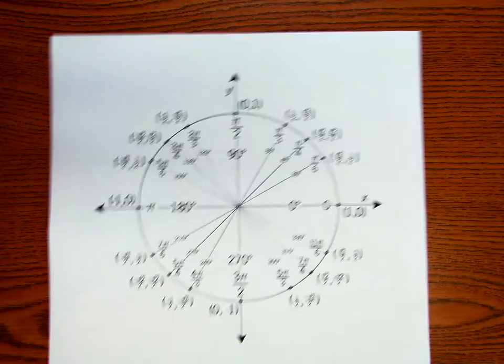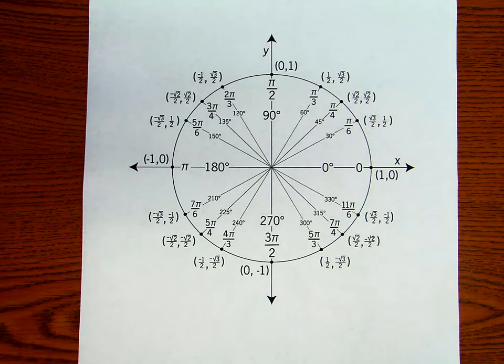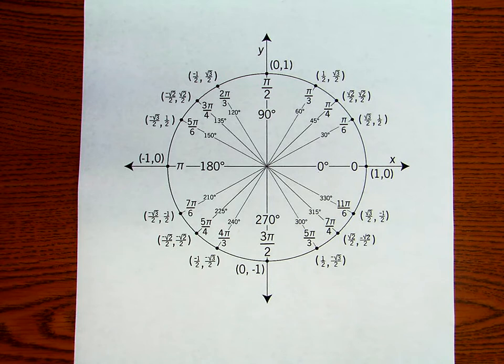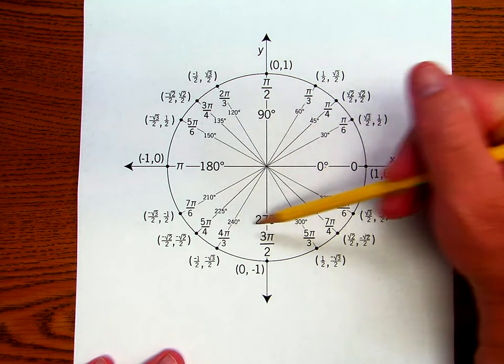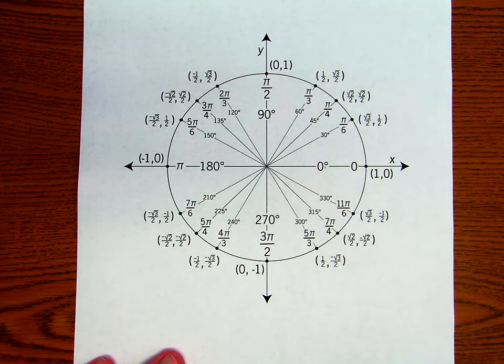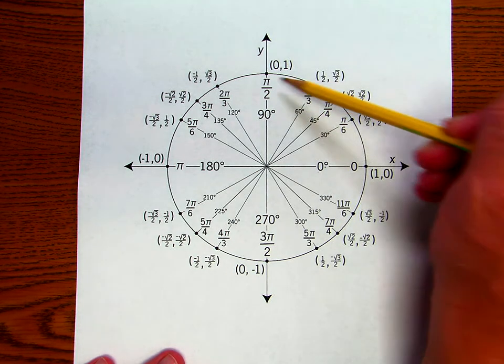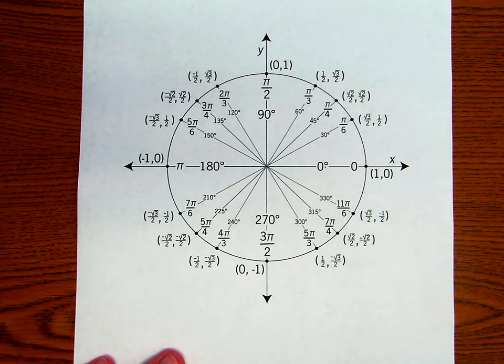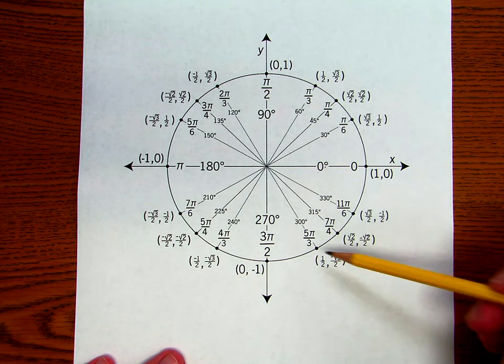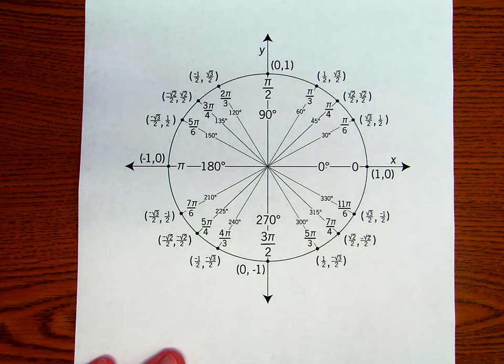So a completed unit circle with everything filled in looks like this. So we have all of our angles measured in degrees, 0 to 360, all of the special angles measured in radians going all the way around, and the coordinates of every point labeled.